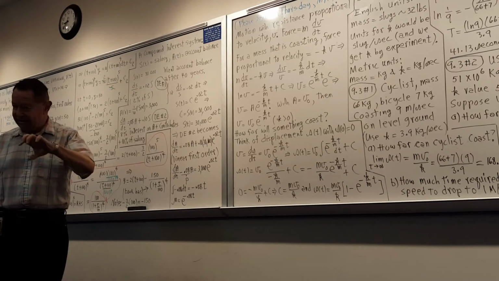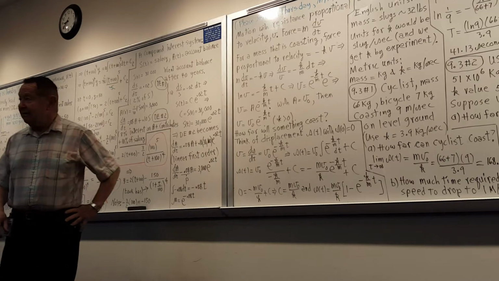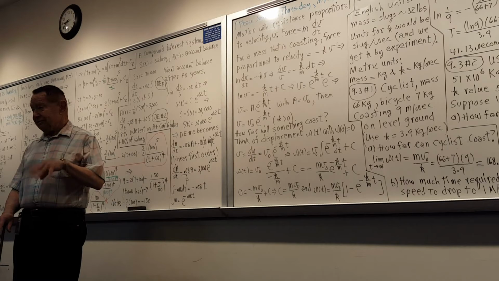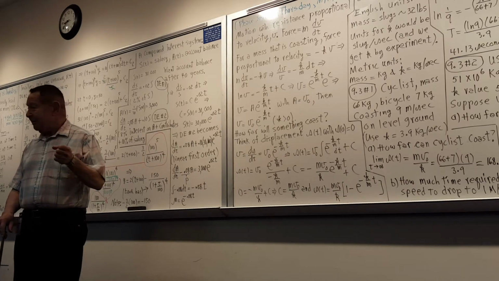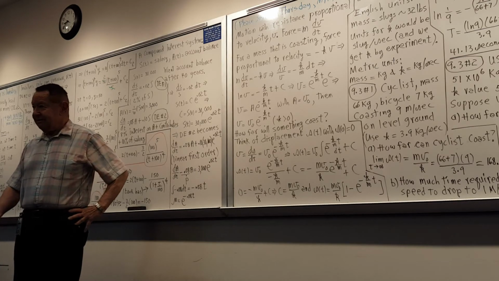Momentum is mass times velocity. And the way Newton said it is right. He said that force is proportional to the derivative of momentum because the mass can change.